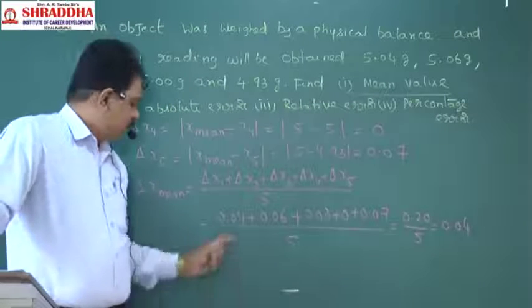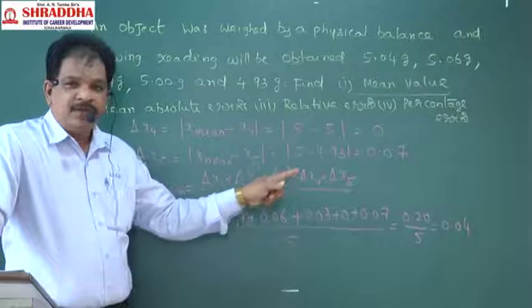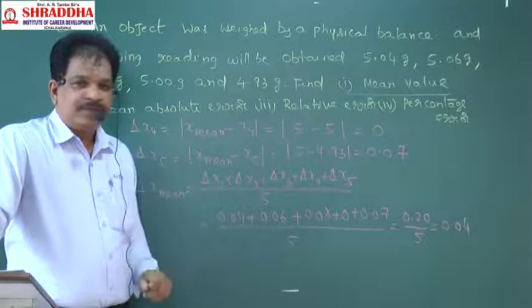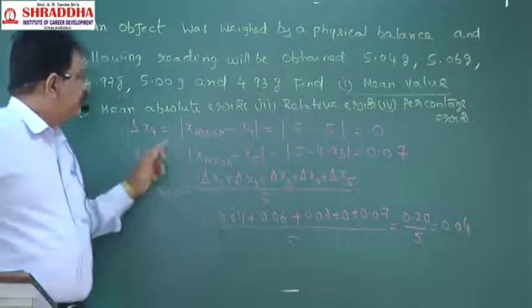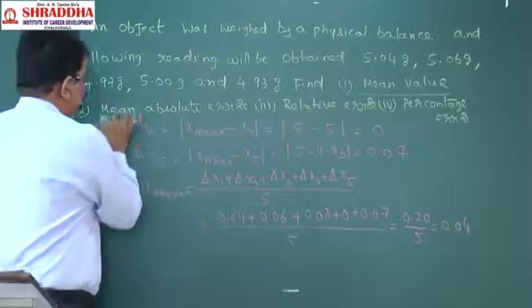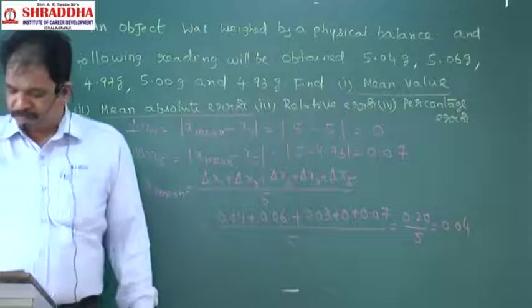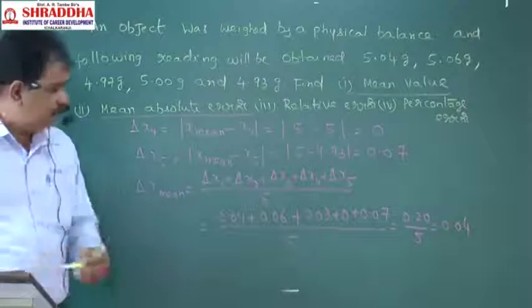Clear? So the delta x mean value will be 0.04. We got the mean absolute error. The mean absolute error value is 0.04.